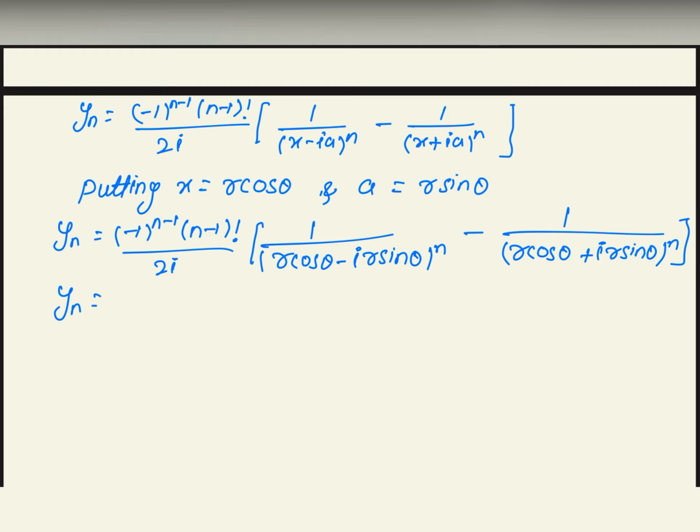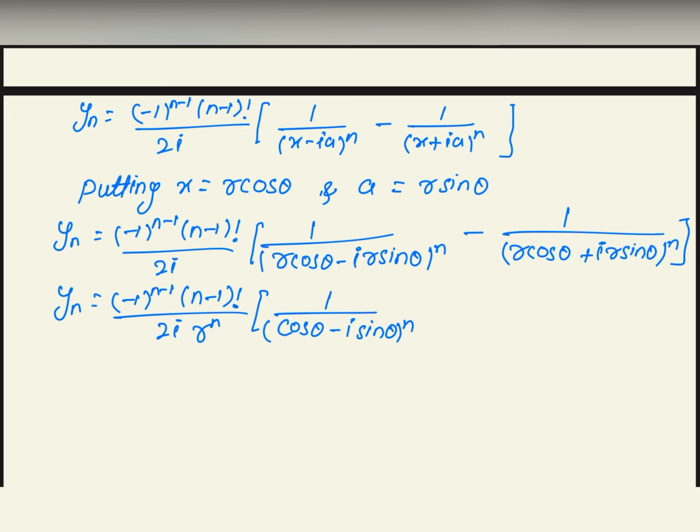So yn is equal to minus 1 to the power n minus 1 factorial divided by 2i, and from here r to the power n is common. So 1 by cos theta minus i sin theta to the power n minus 1 by cos theta plus i sin theta to the power n.